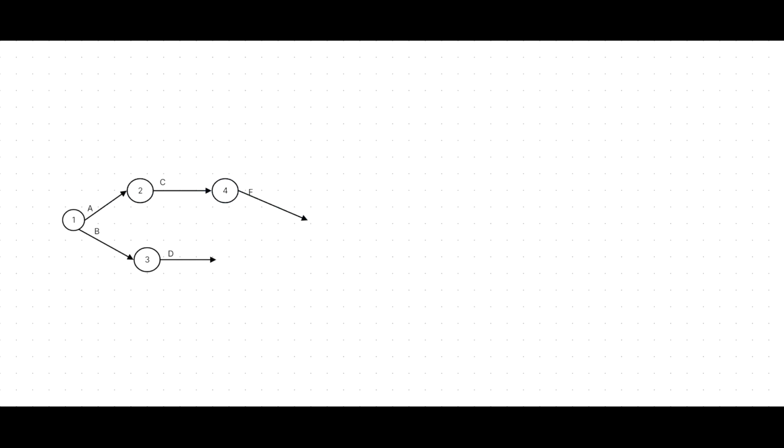Actually, now we have already completed C. The fourth event represents complete C. Then we should take the dummy. Should take the dummy from the event number 4.